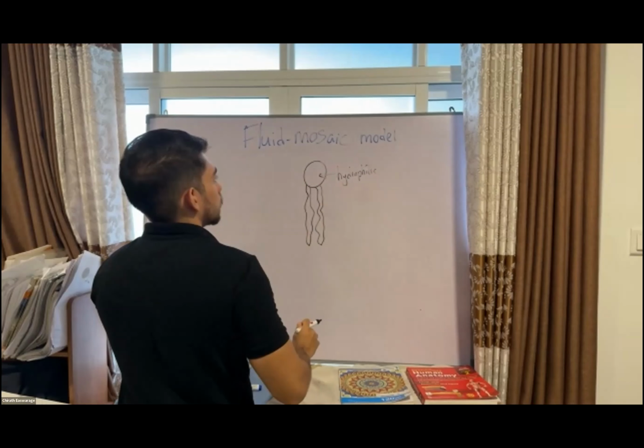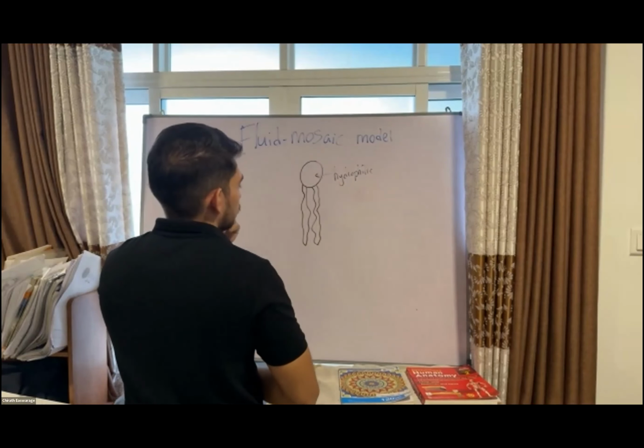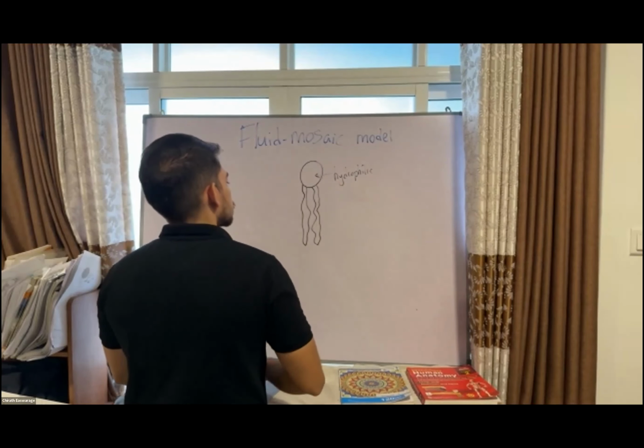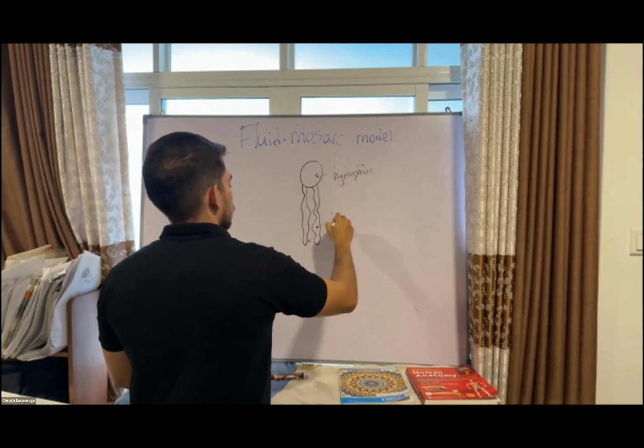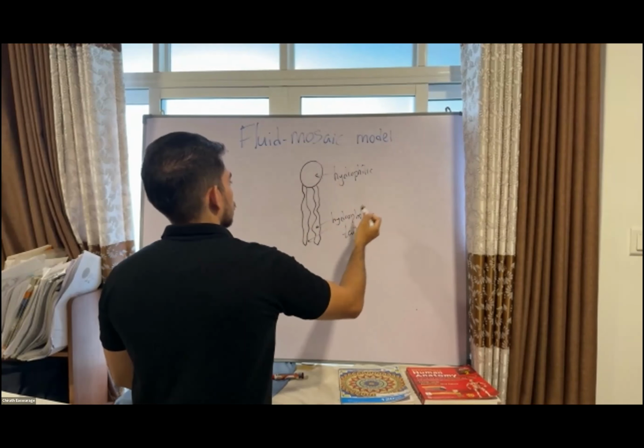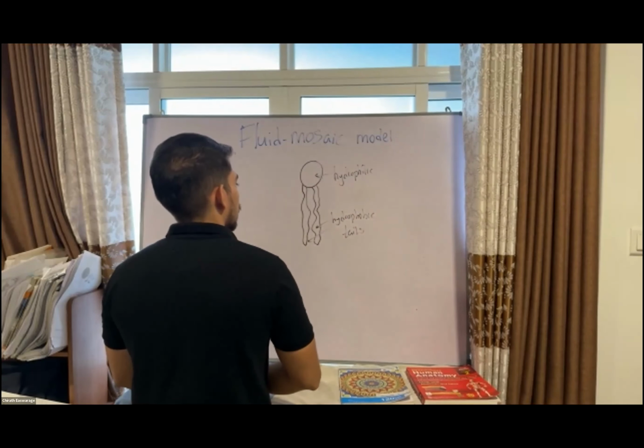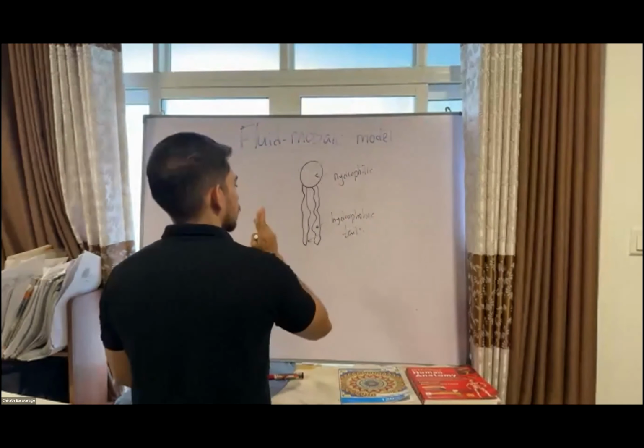If you don't remember, today itself you will have to go back and read about your phospholipids. And it has two hydrophobic tails. Because why? The hydrocarbon chains of the two fatty acids don't like water.